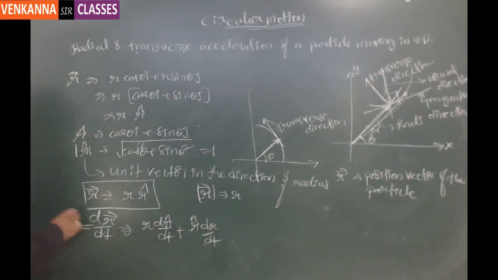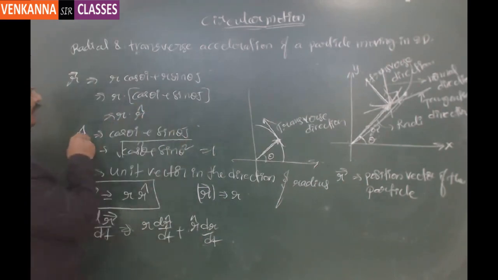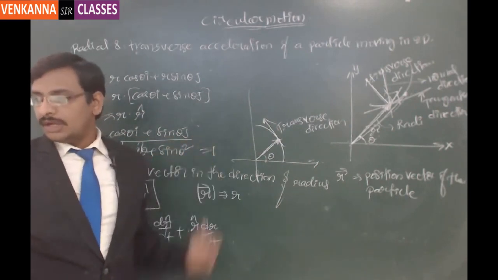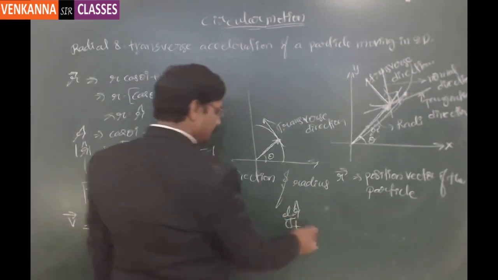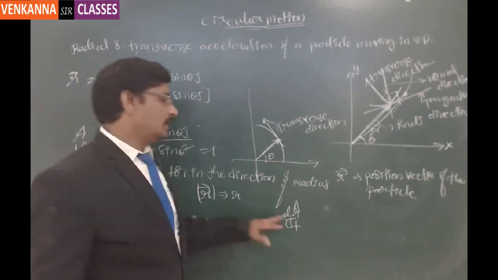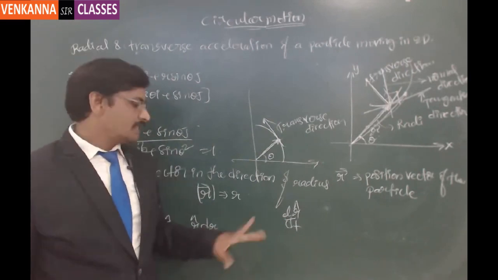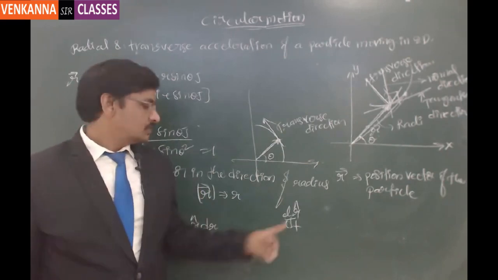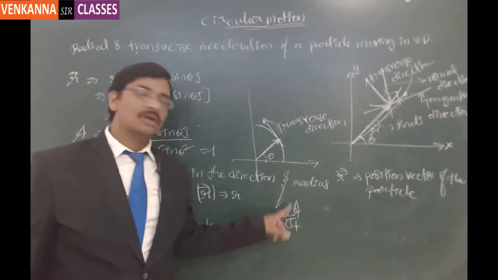And r cap, from this relation, is cos theta i + sin theta j. Why am I taking the derivative dr cap by dt? Because finally I don't want any derivatives except for the magnitudes. I should be having only the directions. So r cap is a unit vector which represents the direction.